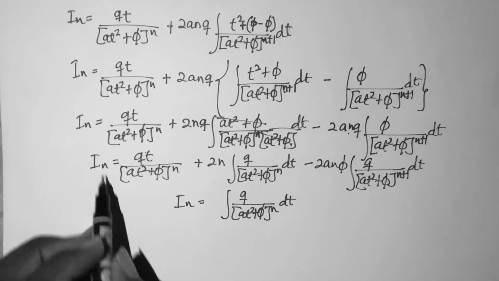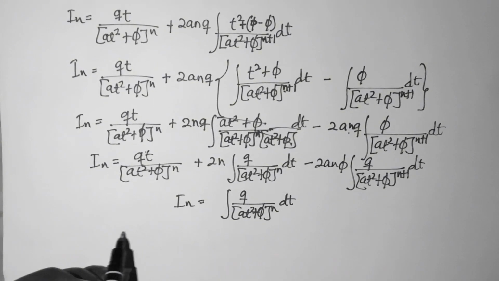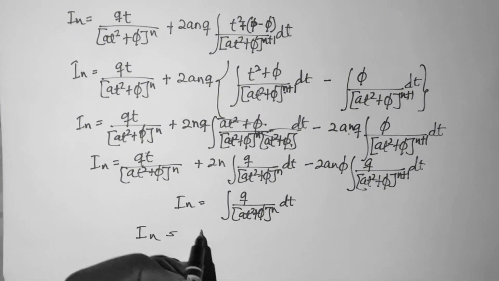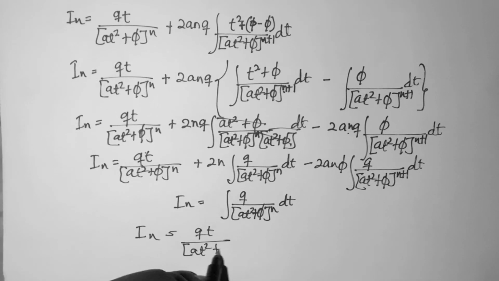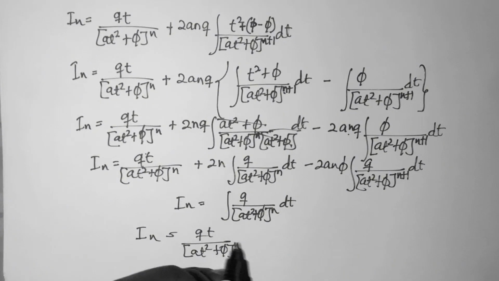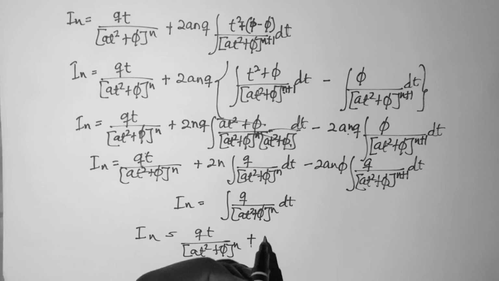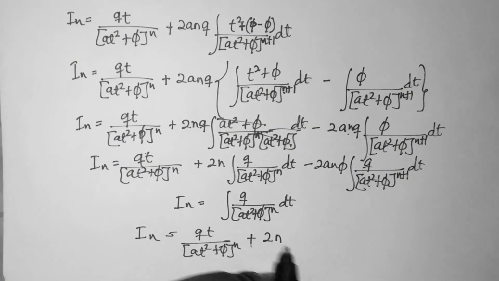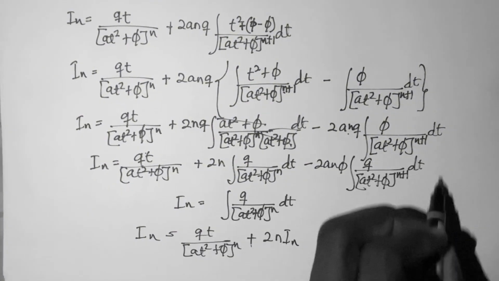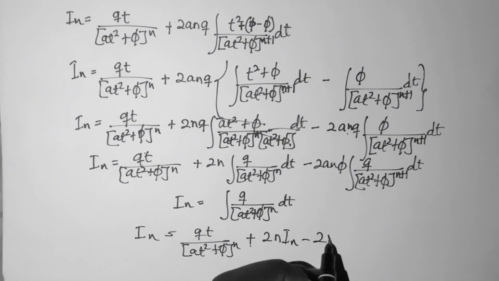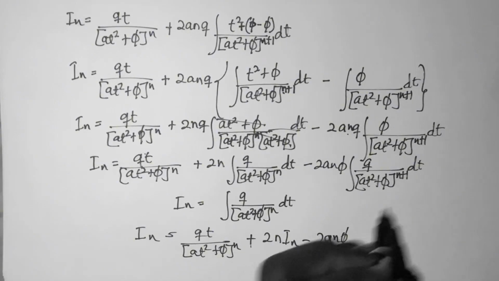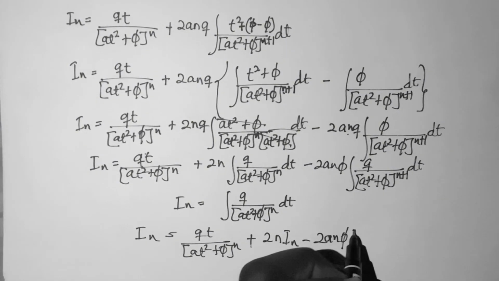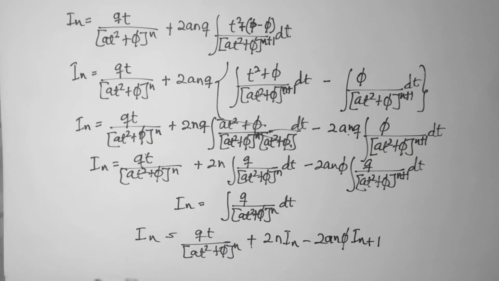So all of this becomes I of n equals qt divided by (at squared plus phi) exponent n, then here becomes plus 2n, all of this is I of n, and then all of this becomes minus 2an phi. Then here's n plus 1, so it becomes I of n plus 1.